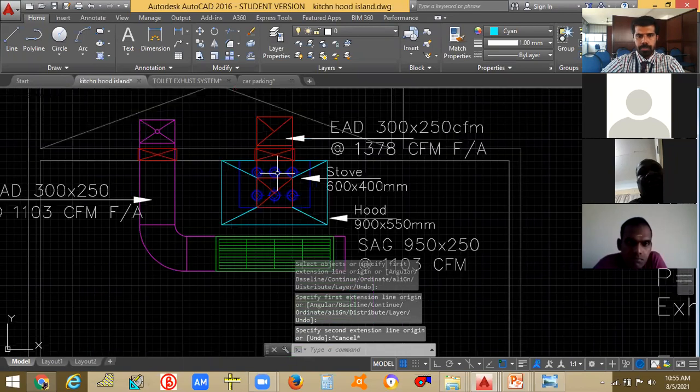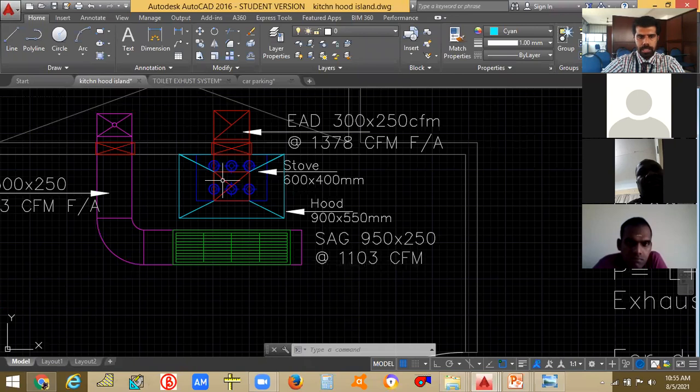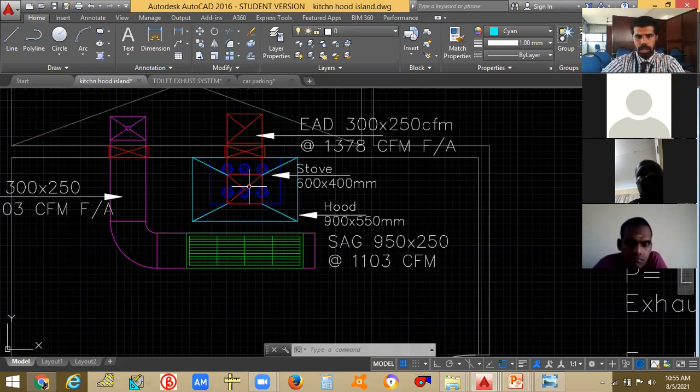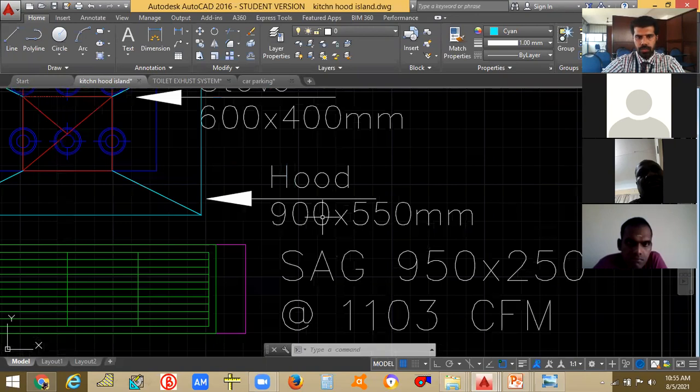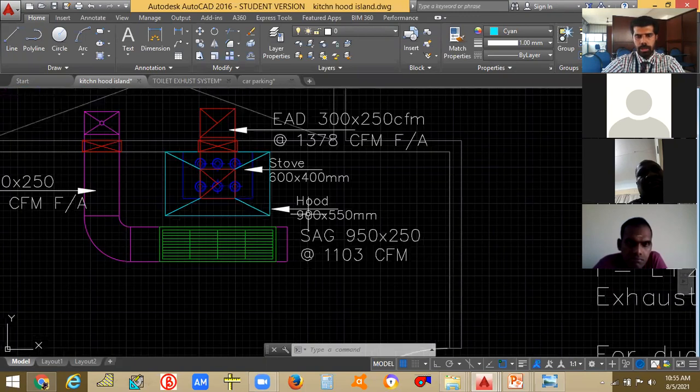So the next thing I should do is make this kitchen hood. You can see a cyan color or a blue color. That is the kitchen hood. So the kitchen hood I got size as 900 into 550. Why I got 900 into 550 is that I did this with the ASHRAE method. So this is a wall mounted kitchen hood.